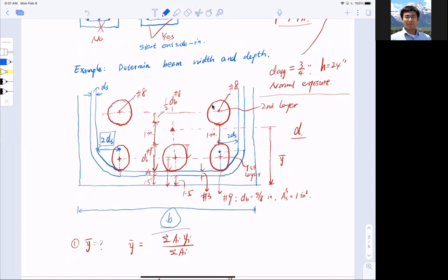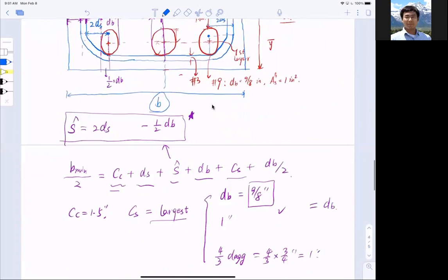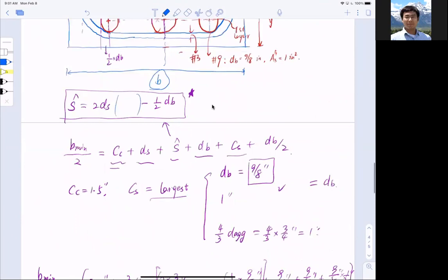The reason behind that is we follow the calculation, where the spacing S hat is 2ds minus half of db. So that ds is out of the equation. This is another correction: you just eliminate whatever was here from the previous lecture. Again, this has been corrected on Canvas. If you haven't corrected your own personal notes, please do so.